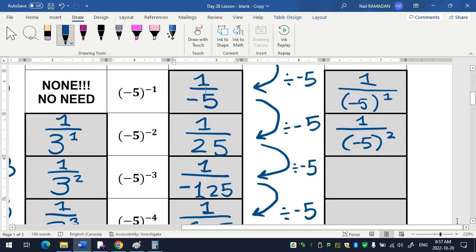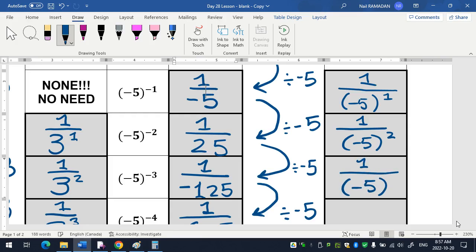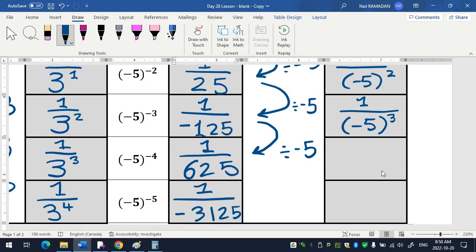Come on. What should be the next one? Keep going. Everyone, if I wrote this, would that be correct?